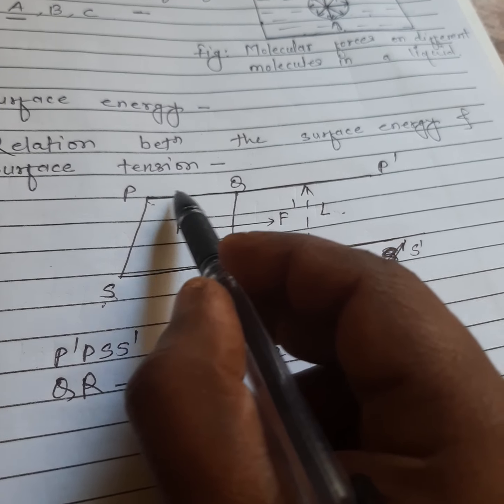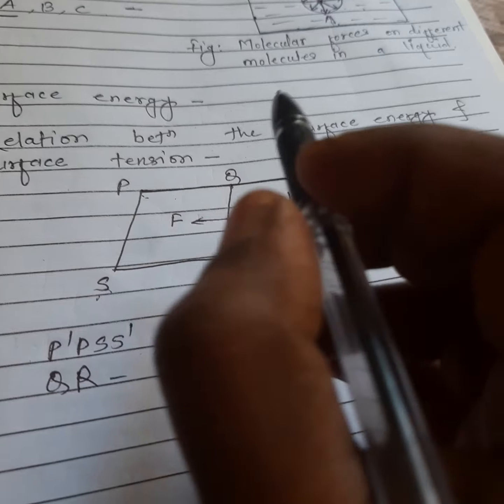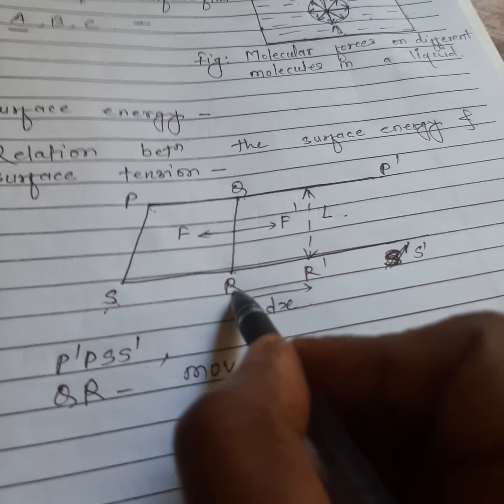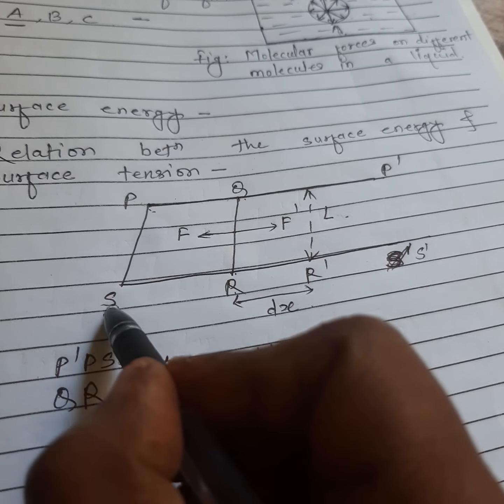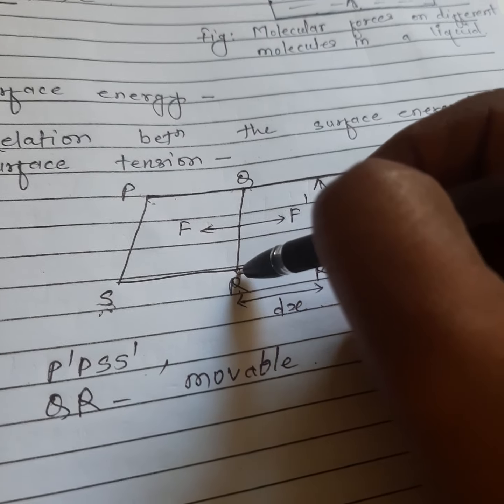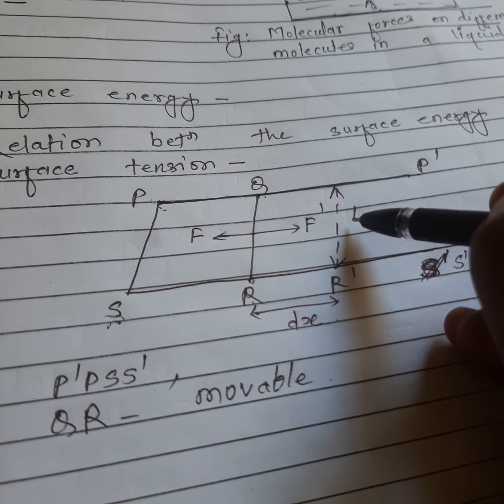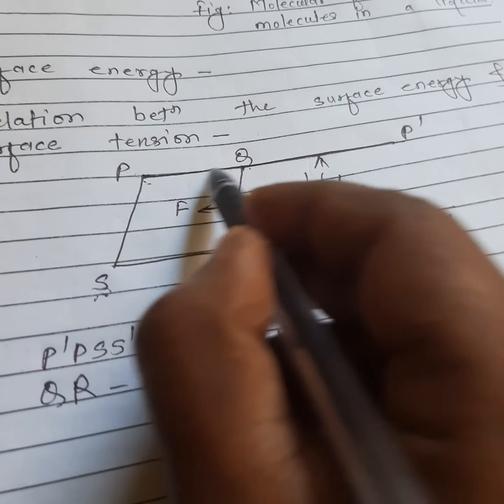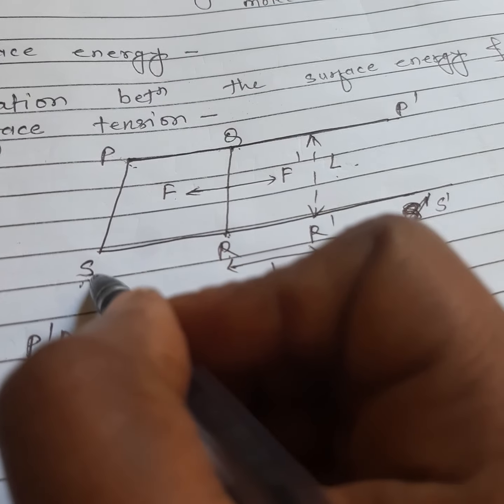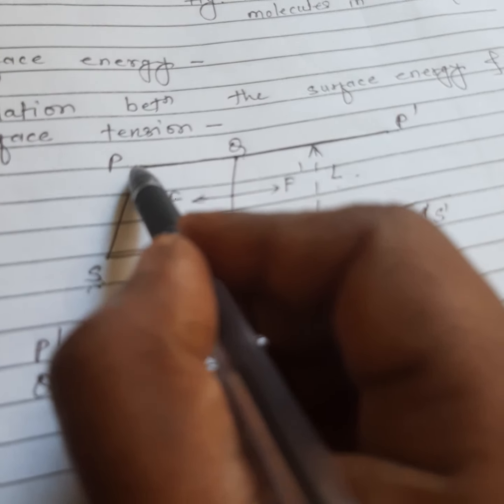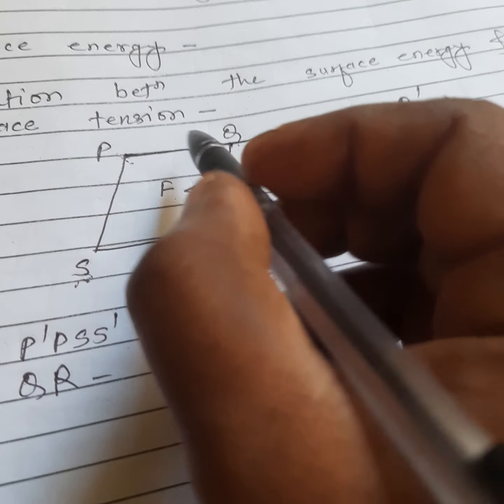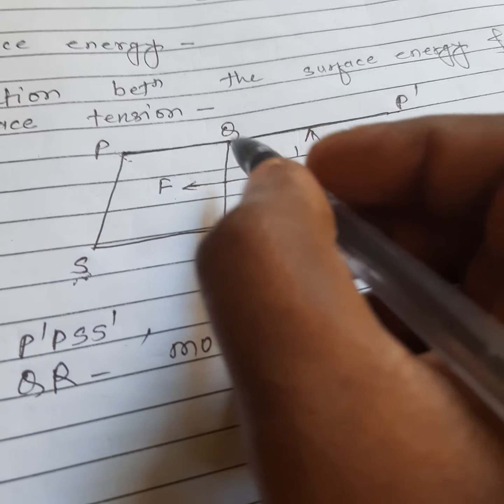Then a liquid film gets formed on this rectangular frame with rectangle PQRS, whose side QR is movable, which is of length capital L. As soap film gets formed on rectangle PQRS, all the sides of this soap film get acted upon by a cohesive force of soap molecule.